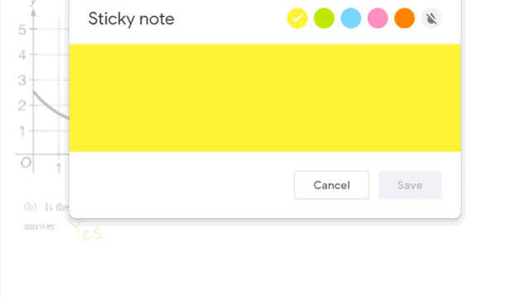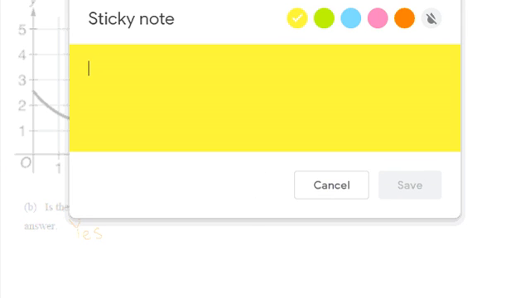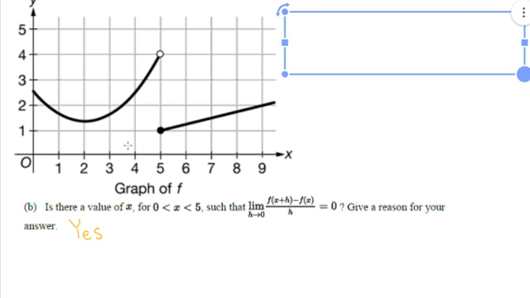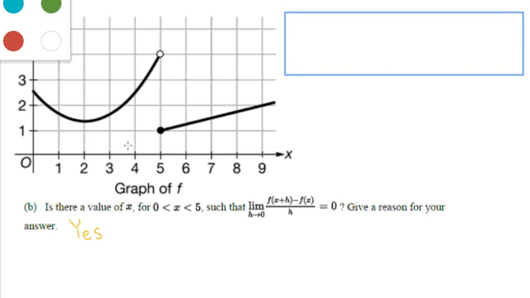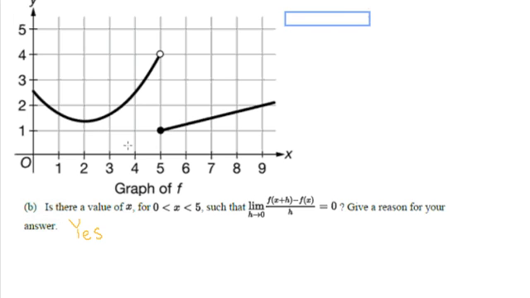Actually, let me do it this way. I'll make this as concise as I can. Okay, there.